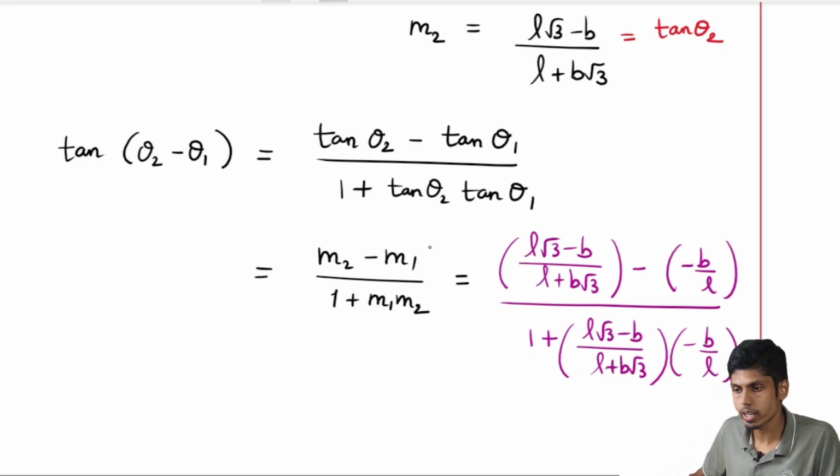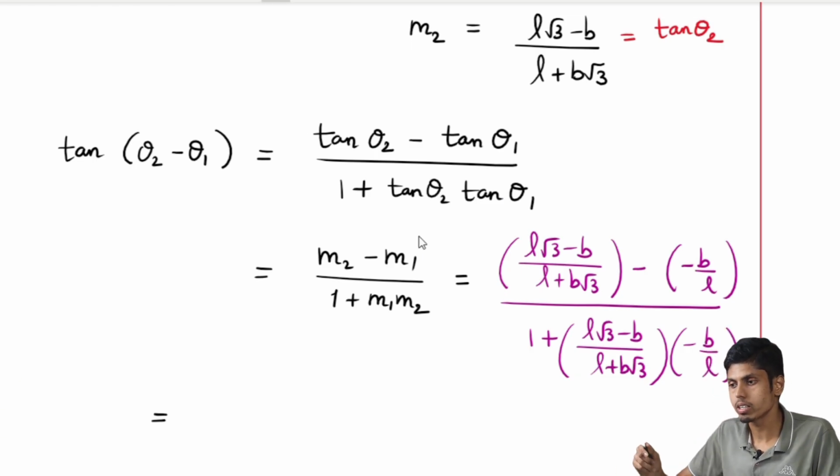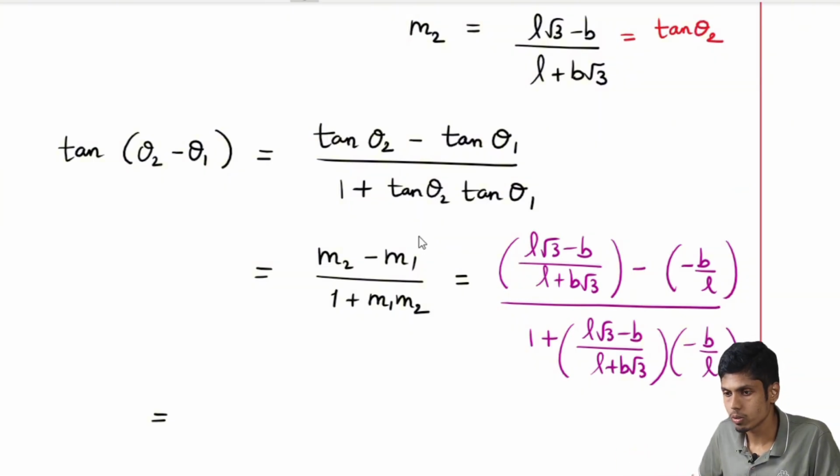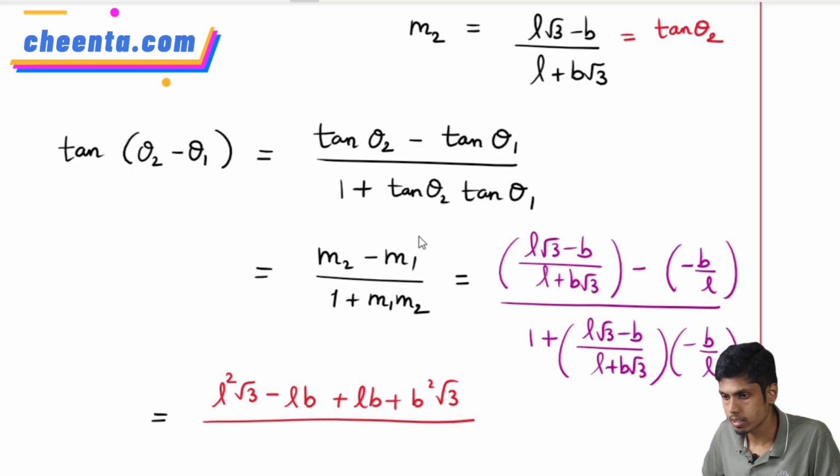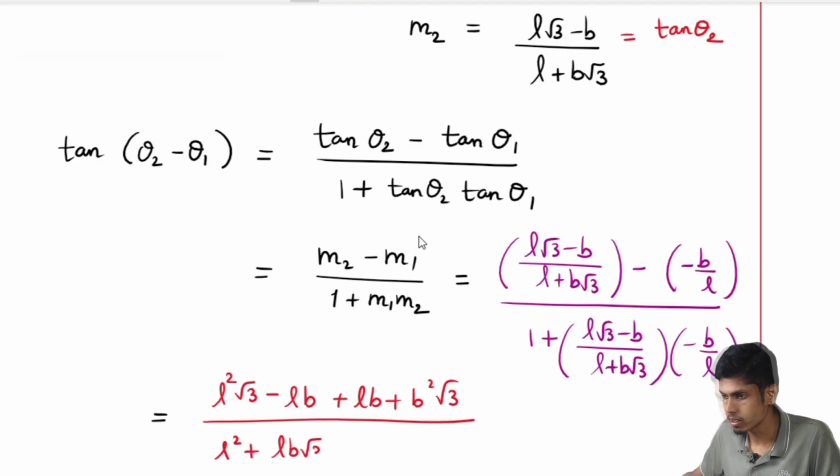So here we are going to take the LCM in numerator and denominator and cancel the common denominator. So you get (L squared root 3 minus LB plus LB plus B squared root 3) whole divided by (L square plus LB root 3 minus LB root 3 plus B square).